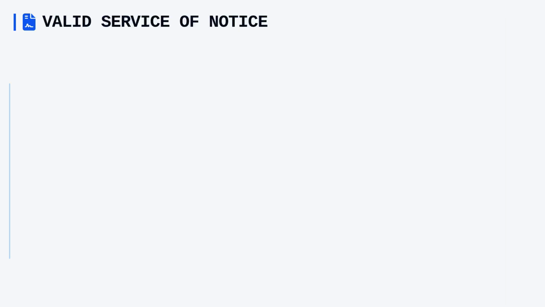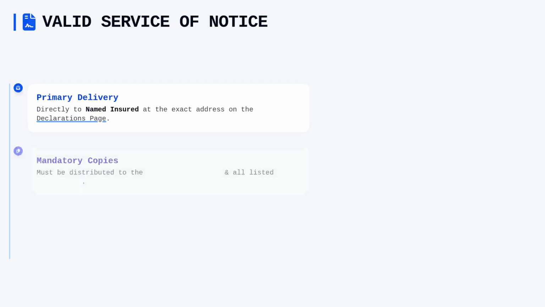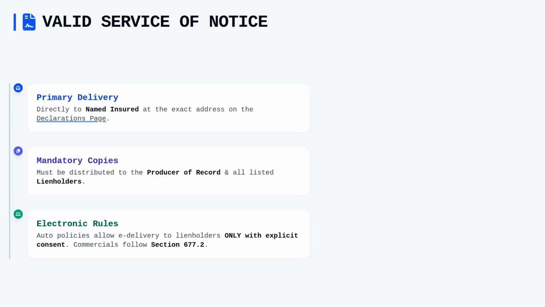Valid service of notice demands specific physical or electronic execution to withstand legal scrutiny. The insurer must deliver or mail the written notice directly to the named insured at the exact mailing address shown on the declarations page, while also providing copies to the producer of record and any listed lien holders. While personal automobile rules allow electronic delivery of notices to lien holders if they have explicitly consented, commercial guidelines under Section 677.2 require comprehensive delivery parameters.